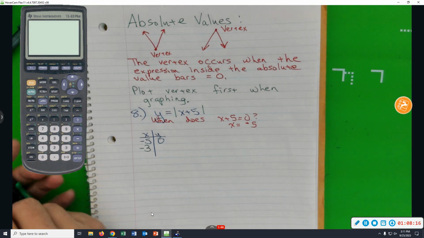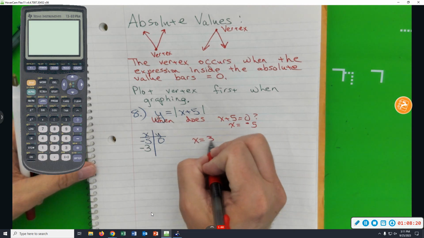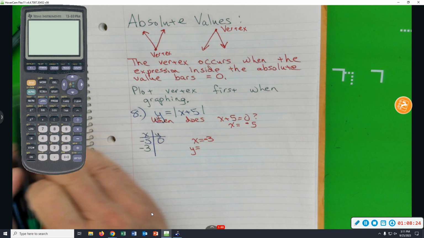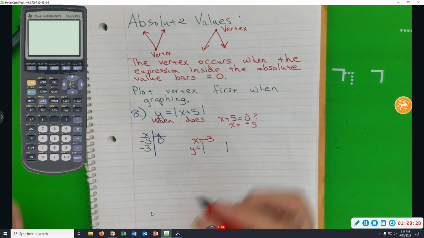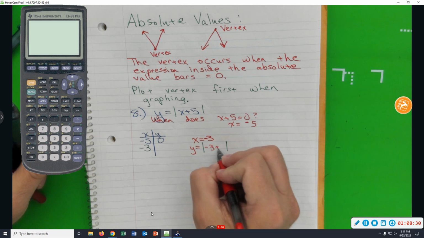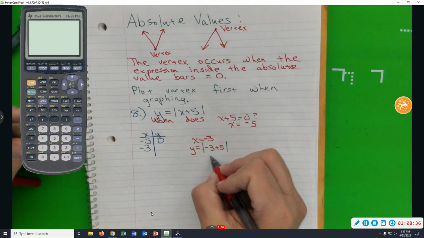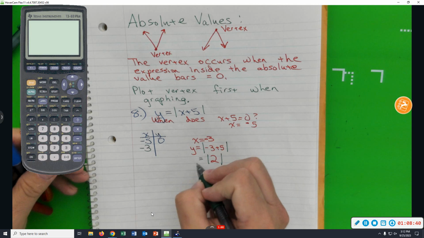So I'm plugging in negative 3. So we have y equals the absolute value of negative 3 plus 5. Negative 3 plus 5 is 2. The absolute value of 2 is 2.